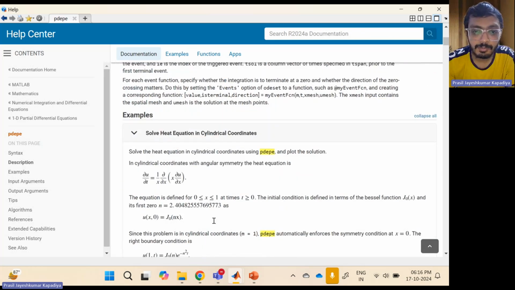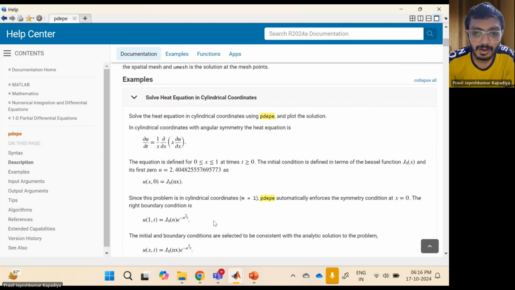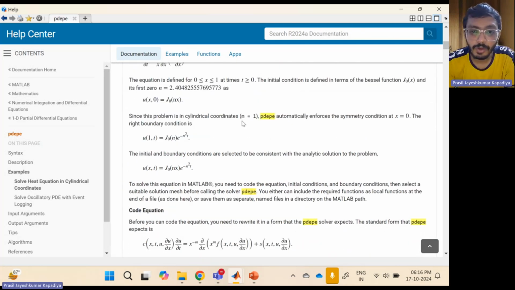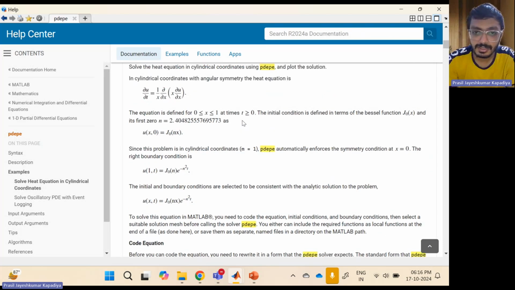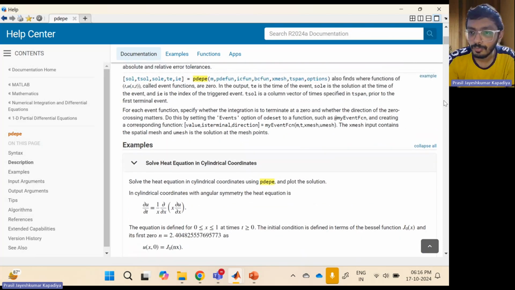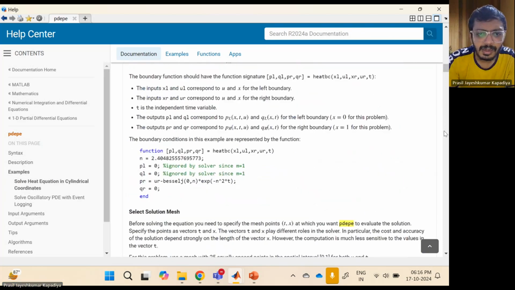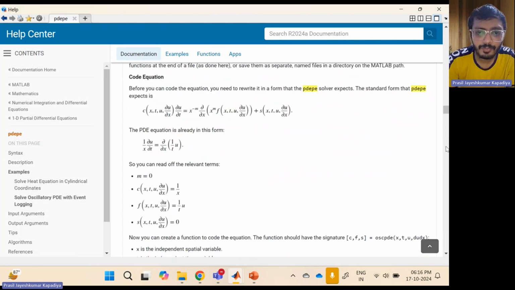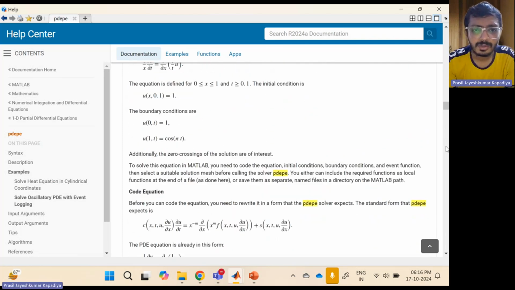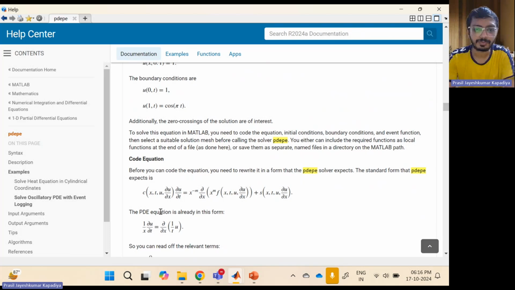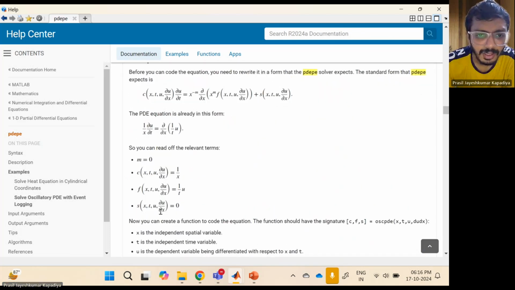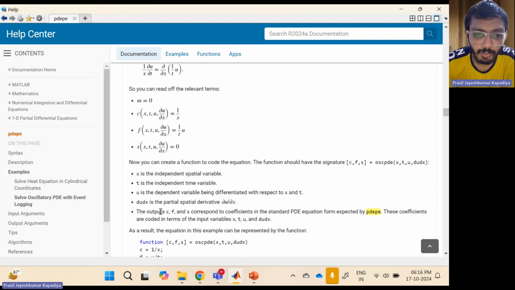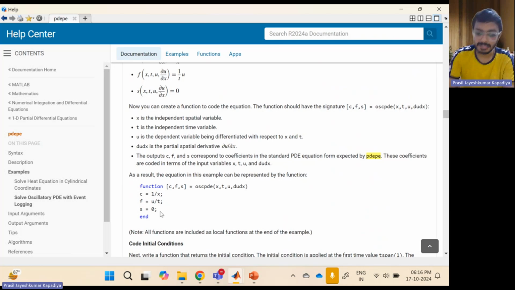Here m is equal to 1 for the cylindrical coordinates. I guess it is defined below. Yeah, here. So this is my equation, correct? So my m is equal to 0 for Cartesian coordinates, m is equal to 1 for cylindrical coordinates, and m is equal to 2 for spherical coordinates.